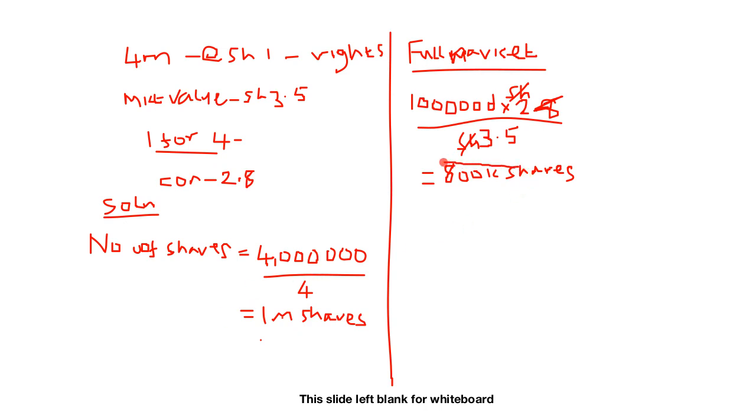To get the bonus shares, we now deduct the 800,000 shares, the shares that are to be issued at full market price, from the number of shares to be issued at the rights issue, which is 1 million. The bonus shares will be the difference between 1 million and 800,000.